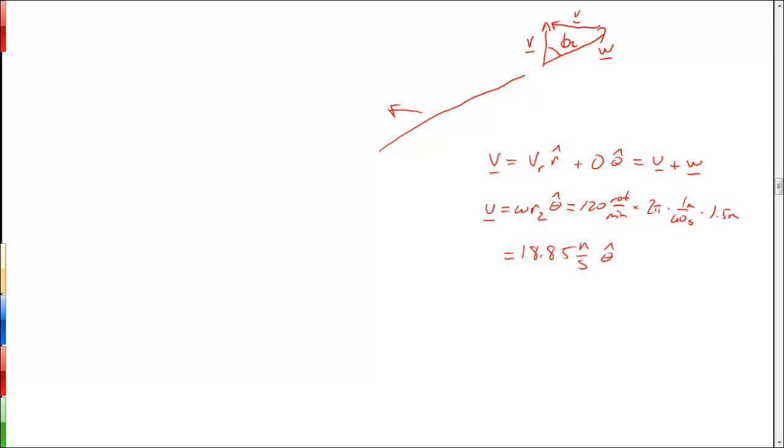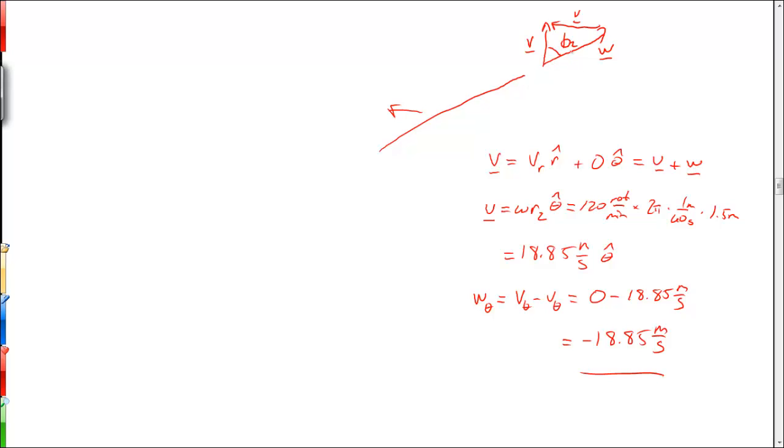So that means that the theta component of W, which is equal to V theta minus U theta, has to be equal to 0 because V theta is 0, minus 18.85 meters per second. And so, of course, that equals minus 18.85 meters per second.